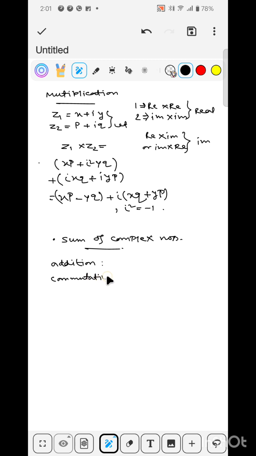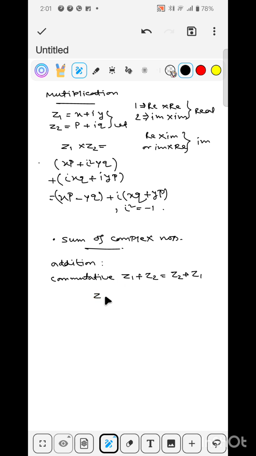Commutative property. z1 plus z2 is equal to z2 plus z1. This is because real numbers hold the commutative property.